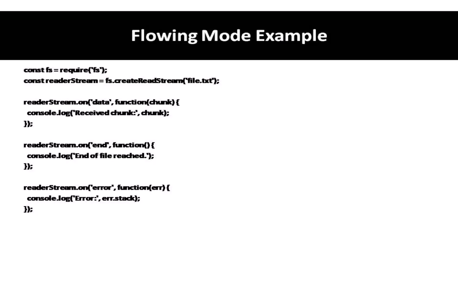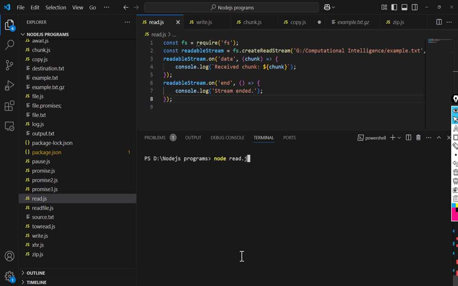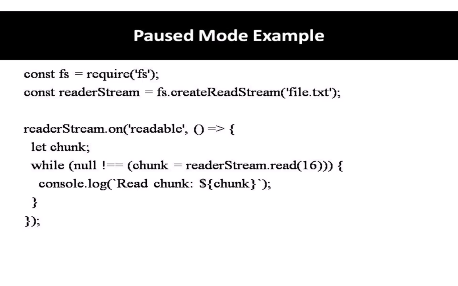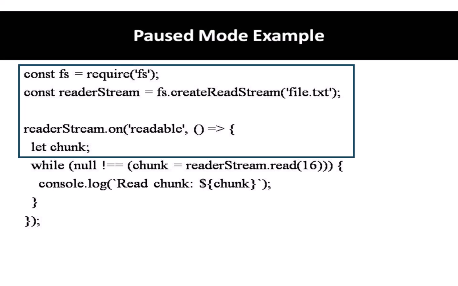Next, flowing mode example. Here we are using create read stream in order to use the flowing mode, and whatever data you read from the file will be written to here. Here we are having a paused mode example. So here we are going to use require file system. Next, we are going to create a readable stream. The name of the file is file.txt.